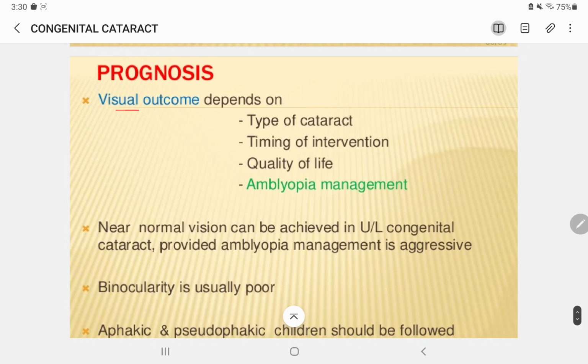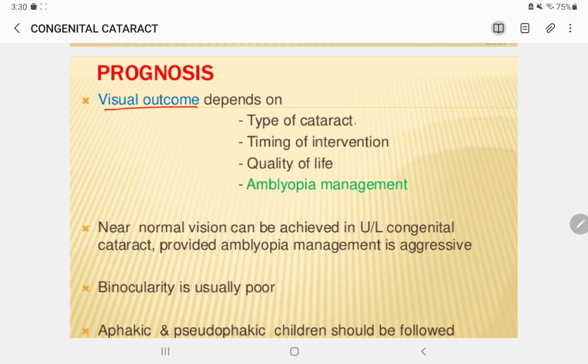So prognosis, so visual outcome: does the child get cured from the cataract? It depends on various factors, so we call that prognosis.